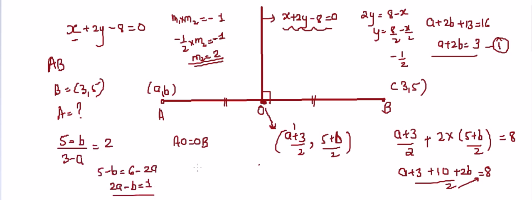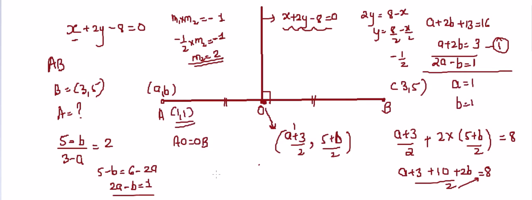So this is our second equation. Just below it, 2a minus b is equal to 1. So this is a simultaneous equation. You need to solve it to get the values of a and b. To solve this, you will get a is equal to 1 and b is equal to 1. So the required point A is (1, 1).